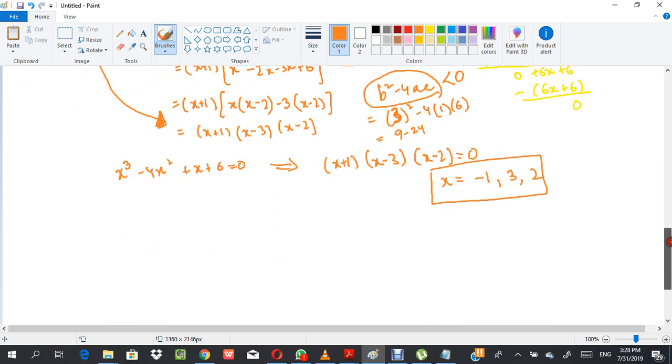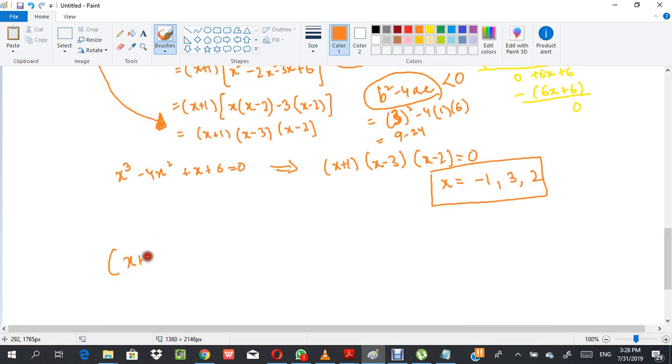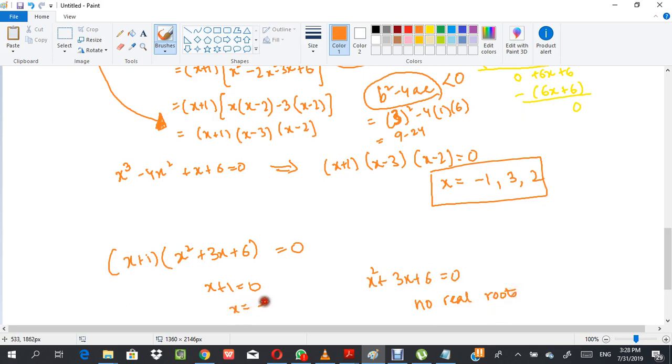So let's say my factorization is x plus 1 times x squared plus 3x plus 6 is equal to 0. So this means x plus 1 is equal to 0 and x squared plus 3x plus 6 is equal to 0. This gives me no real roots, and this gives me x is equal to negative 1. So this particular equation has only one solution.